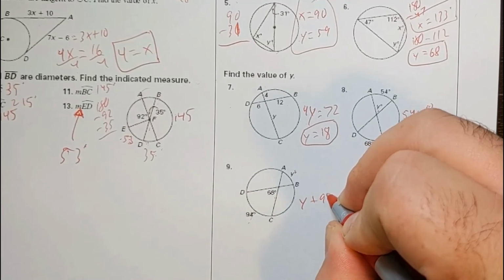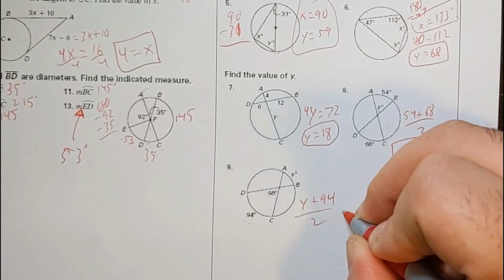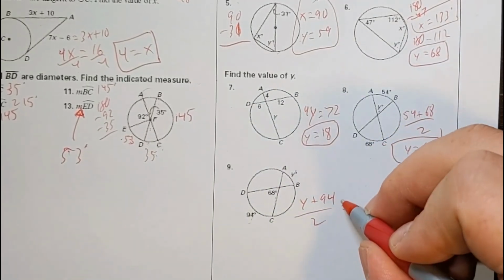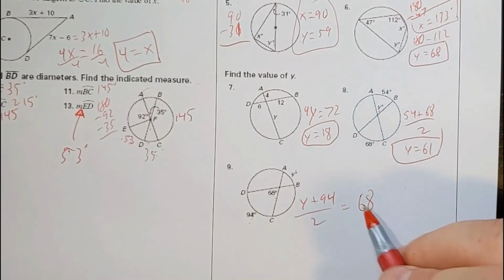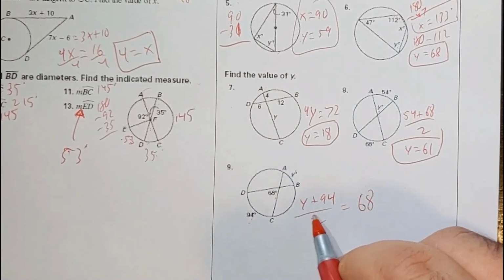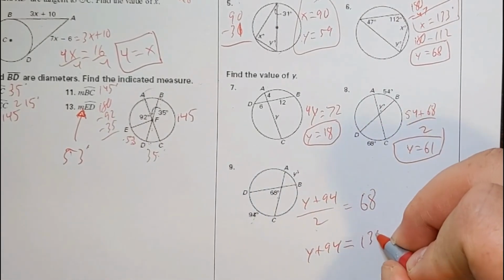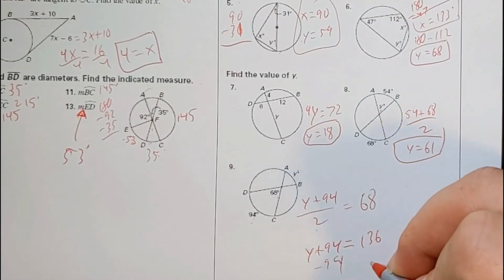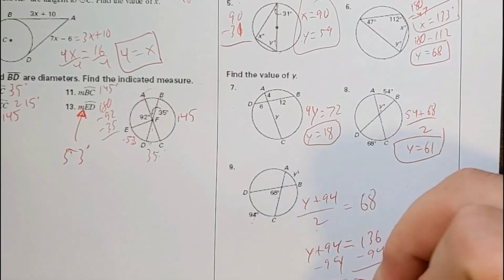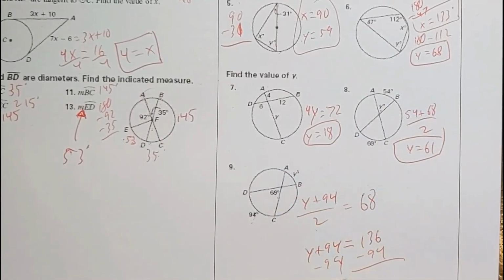So it'd be y plus 94 divided by 2 is supposed to make 68. Once you have this, to get rid of this 2, multiply both sides by 2, and you get y plus 94 equals 136. And then subtract 94 from both sides. Y is 42.